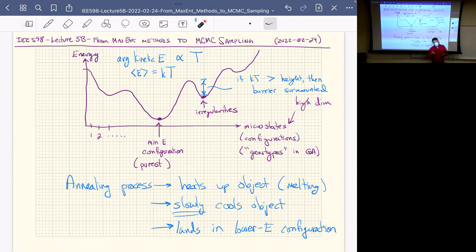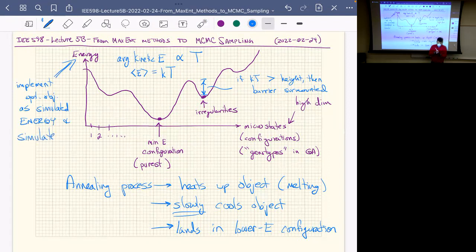Then if we cool it, it will get stuck in those new spots, hopefully down here in an optimization objective, and we'll end up finding that global optimum. So we need to find a way to implement our optimization objective as simulated energy and simulate. And that is the simulated annealing metaheuristic.